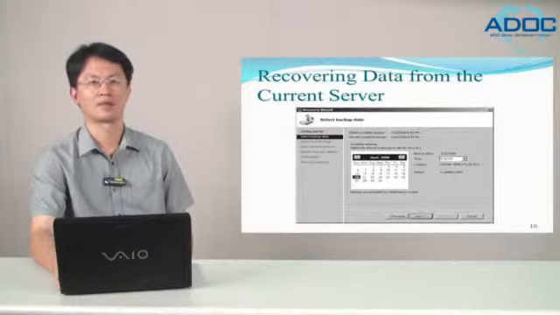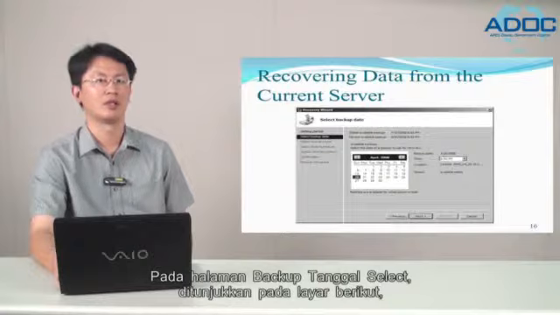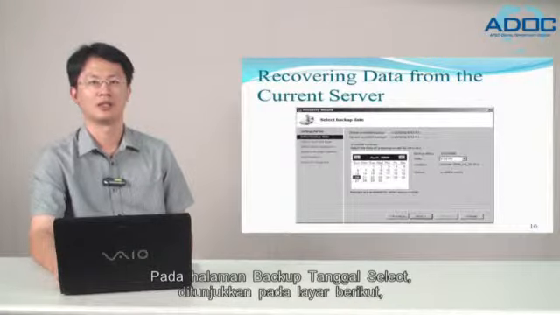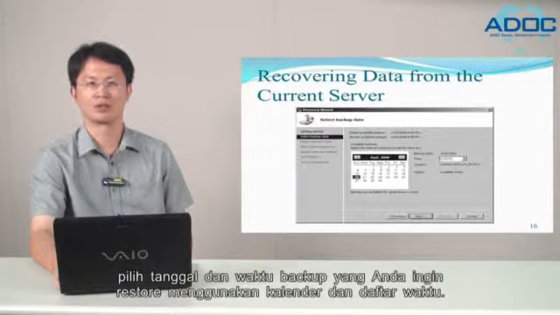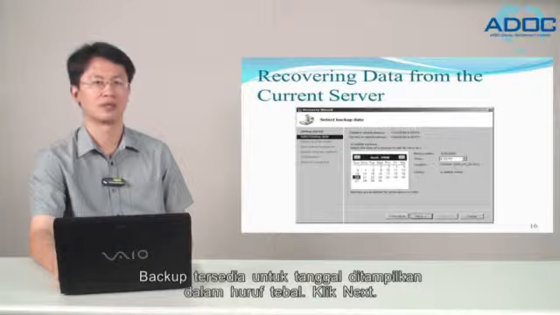On the Select Backup Date page, select the date and the time of the backup you want to restore using the calendar and the time list. Backups are available for dates shown in bold. Click Next.